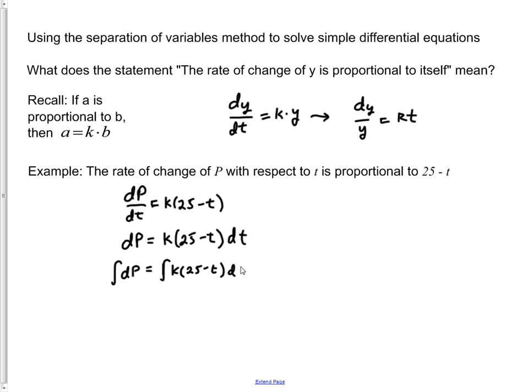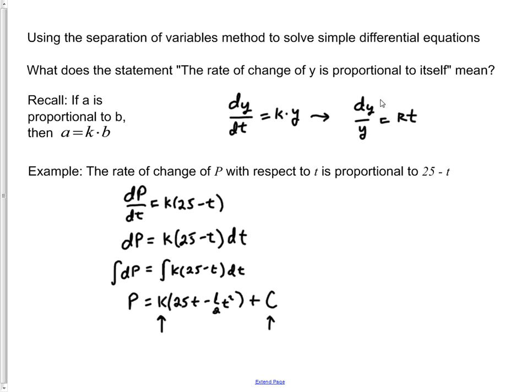And just like every other equation that we've been solving, p is going to be equal to our constant times (25t minus 1/2 t squared) plus some other constant right here. We're going to use this as a different constant. Actually now we've got two constants floating around in our equation. Nonetheless, this family of curves would be the type that would fit this description.